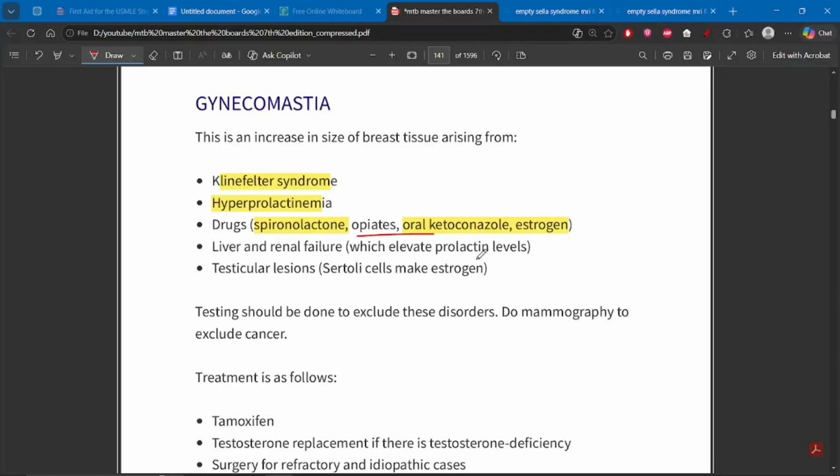Liver and renal failure are also causes of elevated prolactin levels, which I'm telling you guys to remember again and again. And testicular lesions can also cause gynecomastia because Sertoli cells make estrogen. So if they overproduce estrogen, this can lead to gynecomastia.